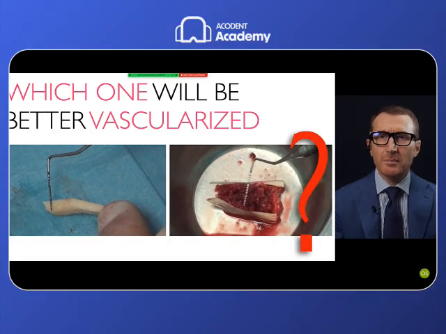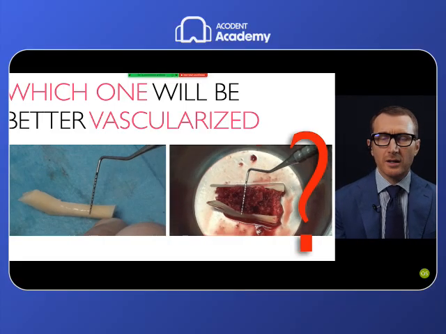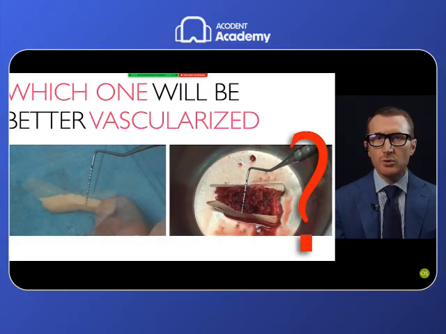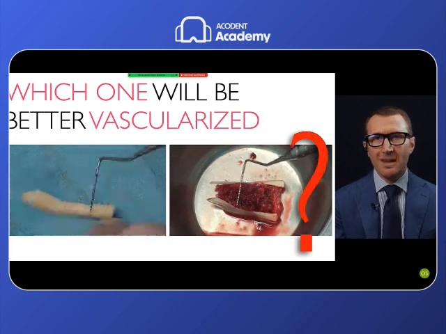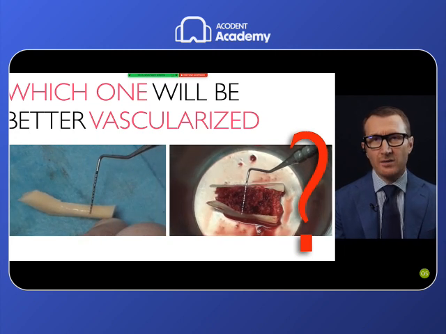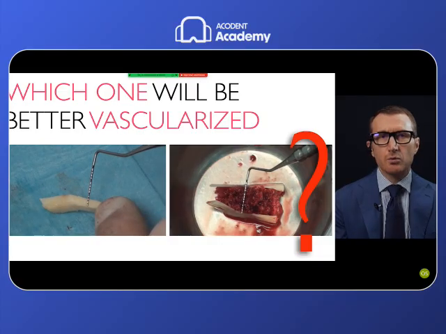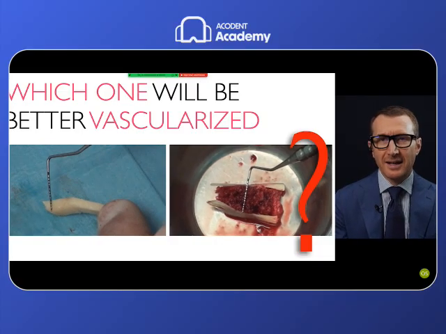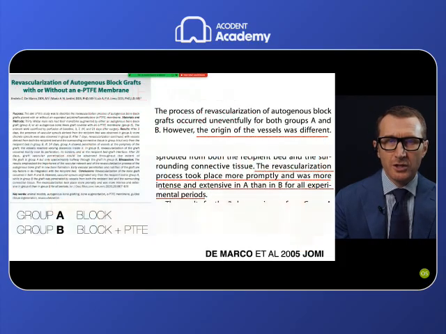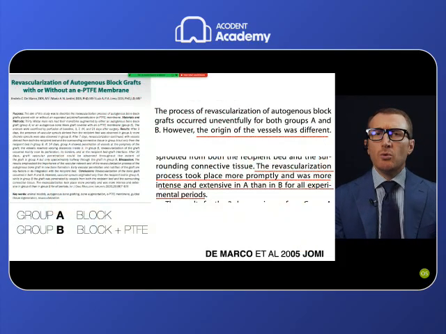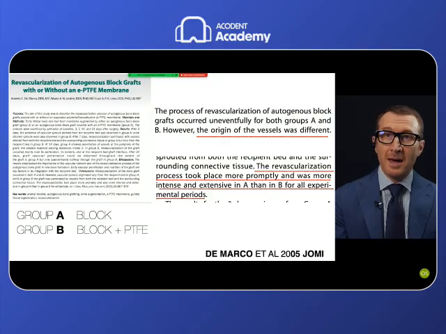Even if we are talking about a xenograft block, we should avoid using dense material, because dense or very strong corticalized material will not allow a fast vascularization, which is what is biologically expected to obtain new bone formation. But what is going to happen if I place a membrane?